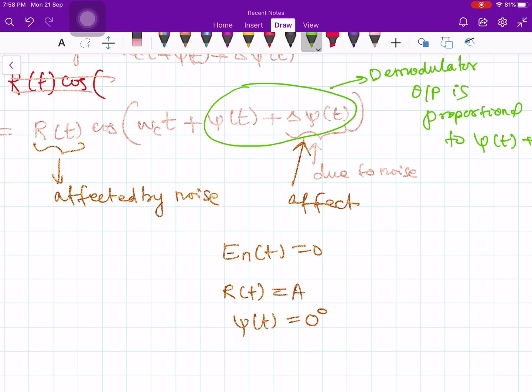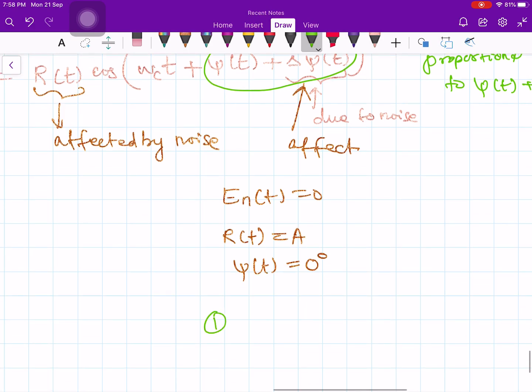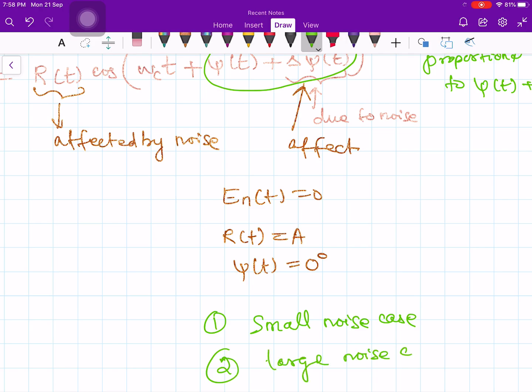Here also we are going to consider two cases, small noise case and large noise case.